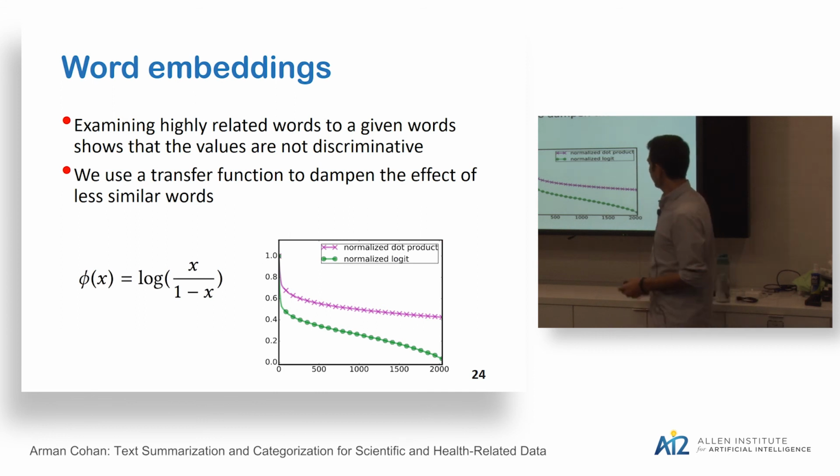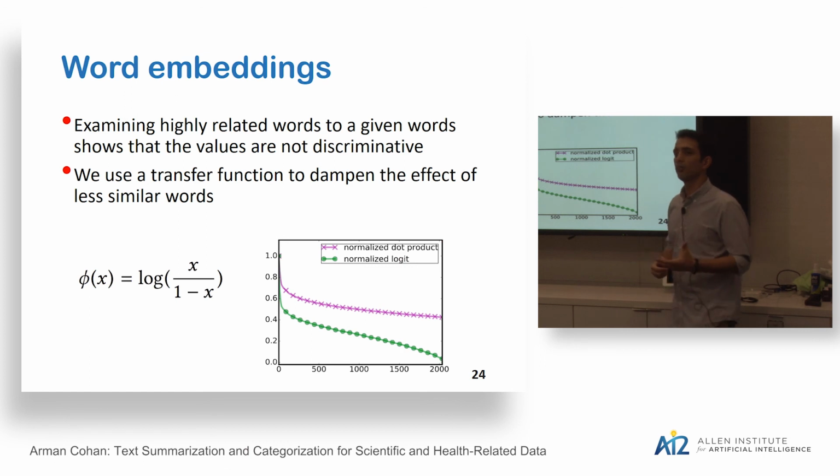If you look at the embedding similarities, this is showing a random word from the collection and the top 2,000 words to it. If you look at the similarity values between this word and these words, you can see that they're not discriminative enough. This is not what we want in a retrieval model.